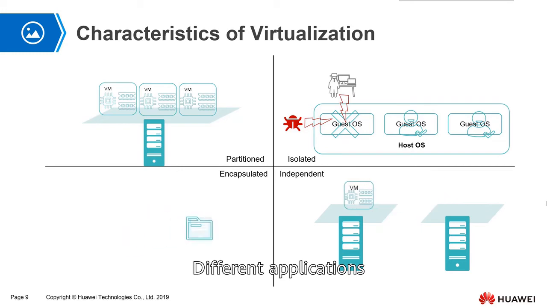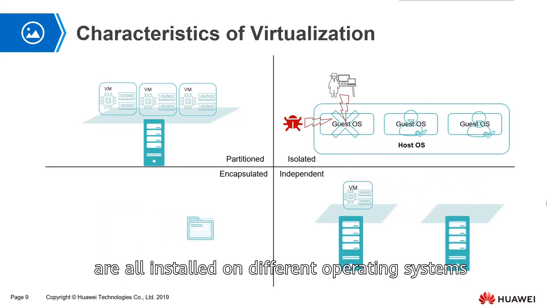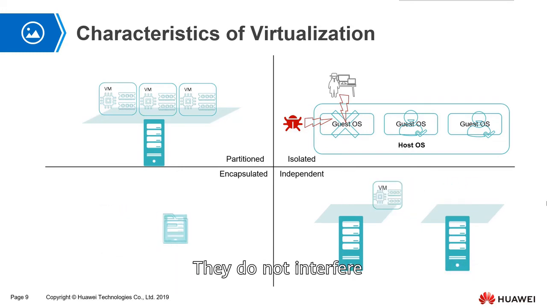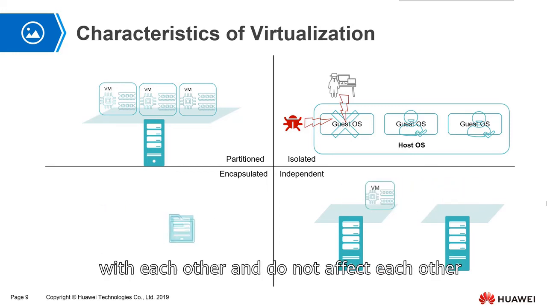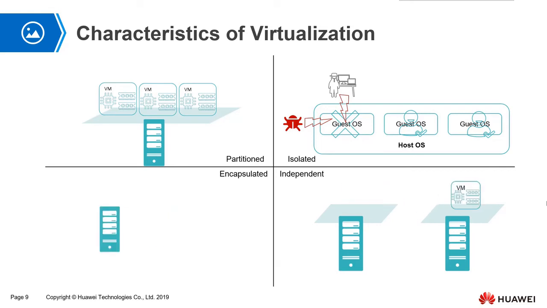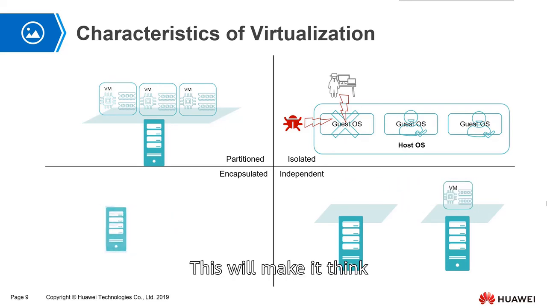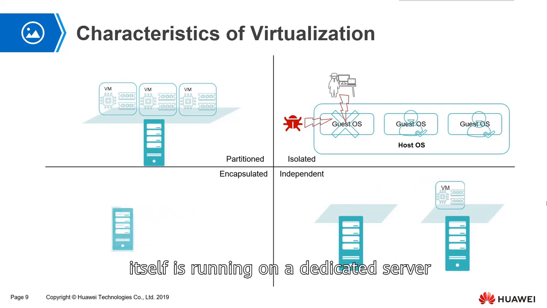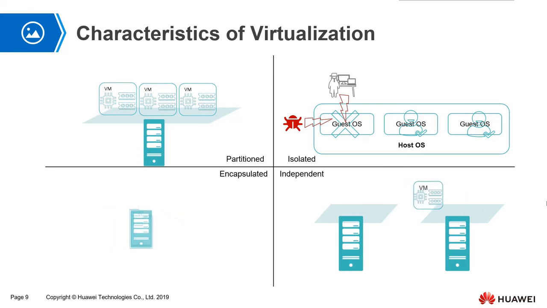Different applications are installed on different operating systems. They do not interfere with each other and do not affect each other. Moreover, each operating system can only see the resources that its own virtualization layer allocated to it, such as CPU, memory, network card, hard disk, and so on. This will make it think that it is running on a dedicated server.